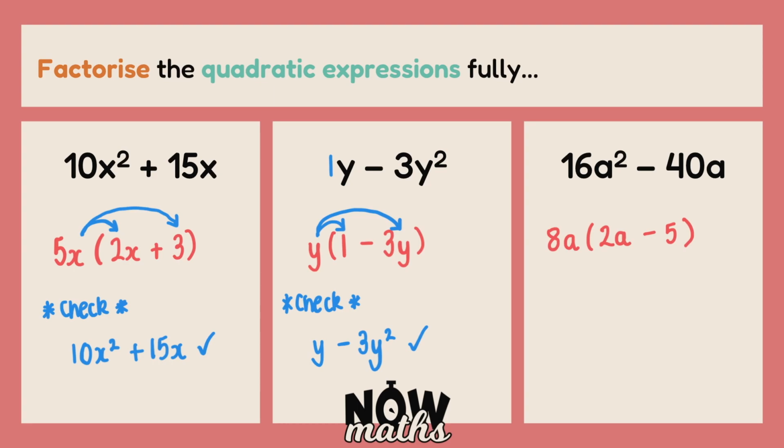Now just to perform our quick check, we can expand back out to make sure that we get what we started with. So 8a multiplied by 2a is 16a squared. And 8a multiplied by negative 5 is negative 40a. This matches what we started with, so our answer in red is definitely correct.